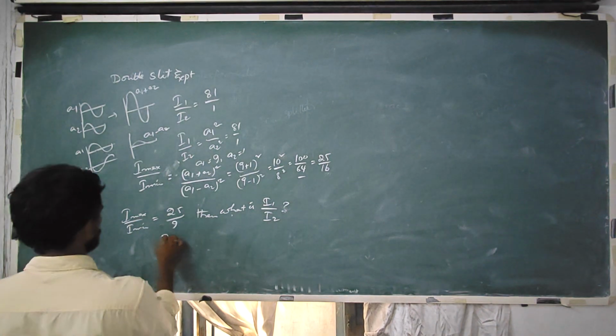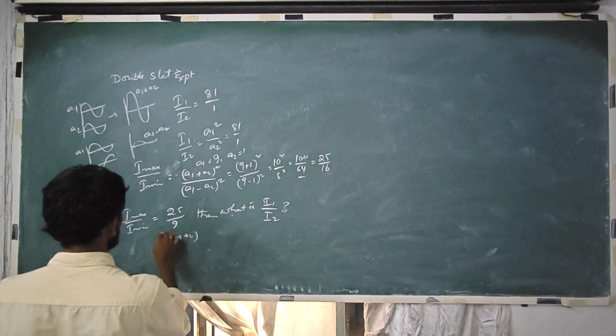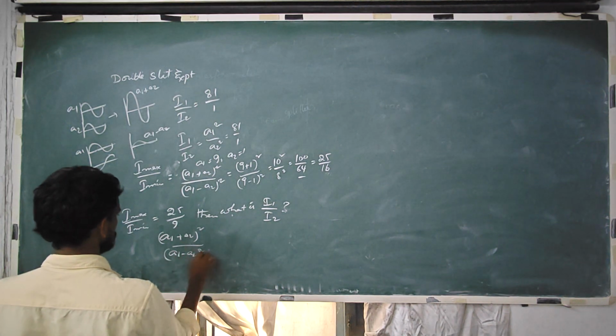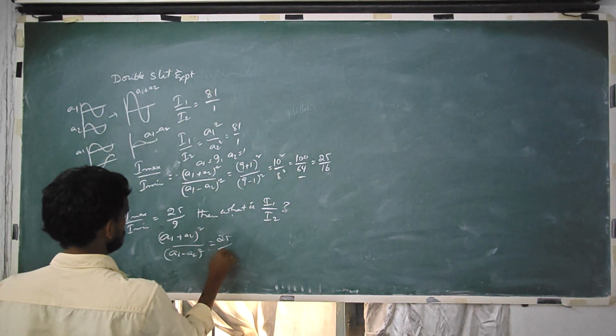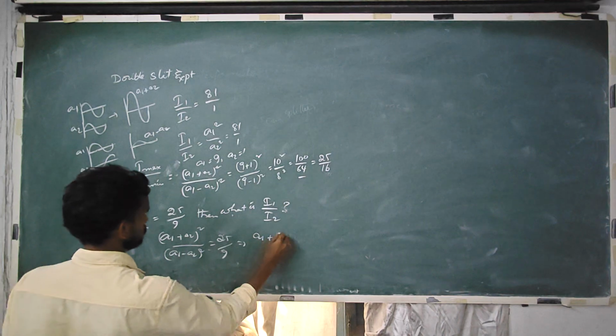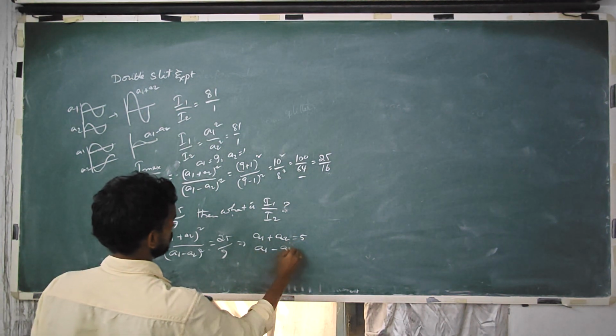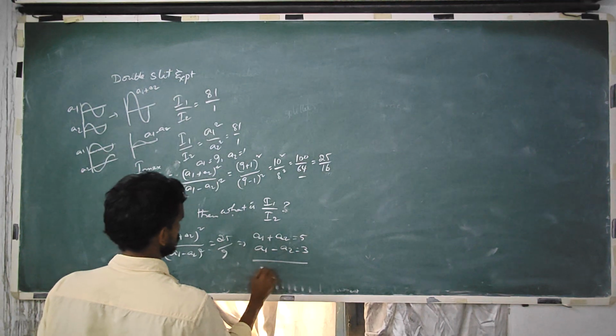So here you have A1 plus A2 square by A1 minus A2 square, it's 25 by 9. So A1 plus A2 is 5, A1 minus A2 is 3.